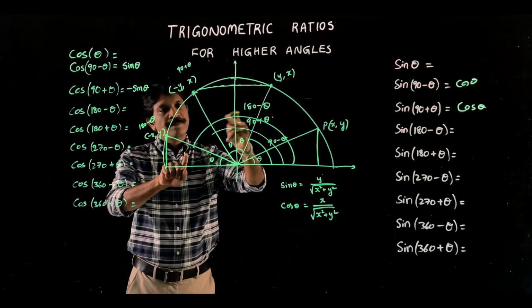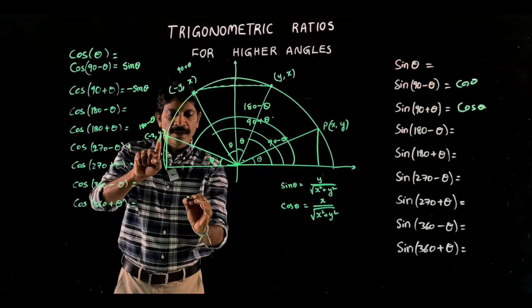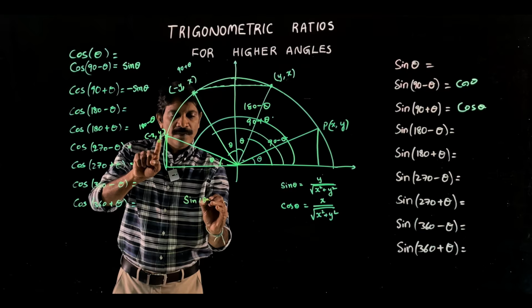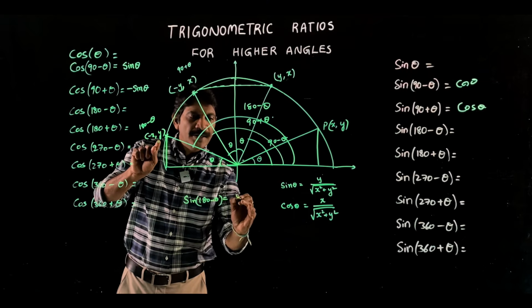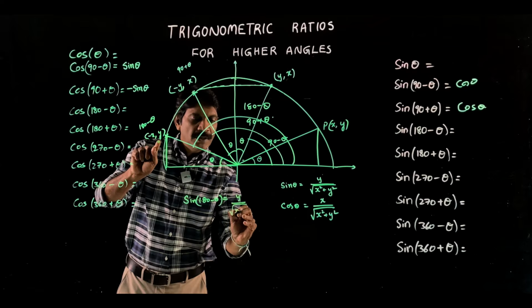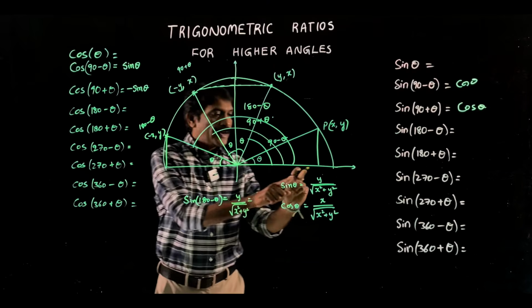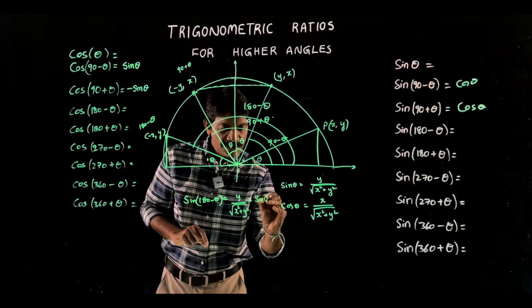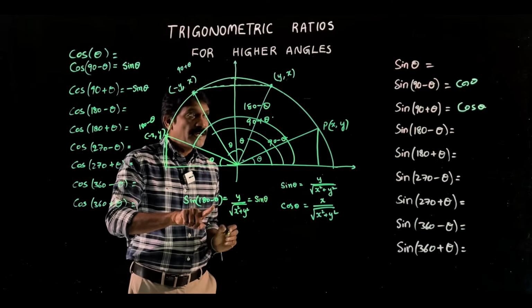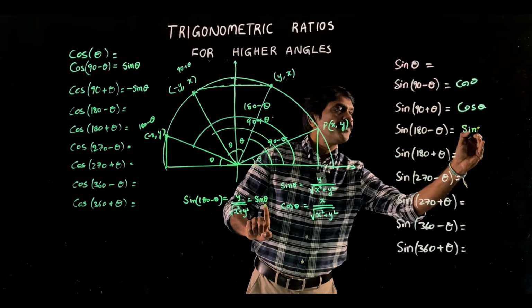Now for the point for 180 minus theta, sine for 180 minus theta will be its y coordinate, y by under root x square plus y square. But y by under root x square plus y square is sine theta. Therefore, sine 180 minus theta is sine theta.